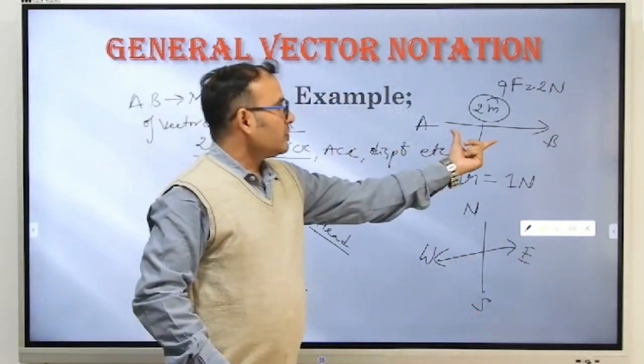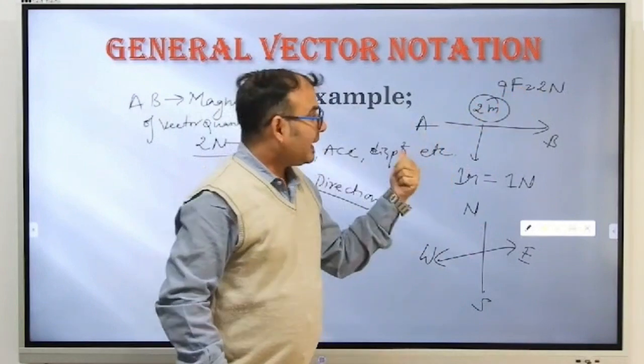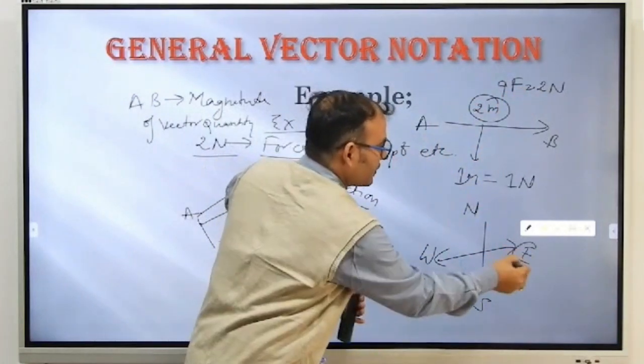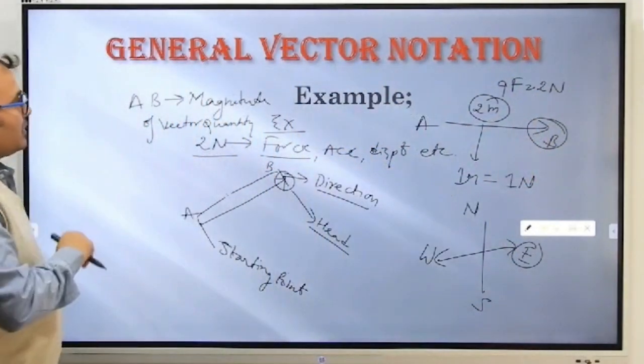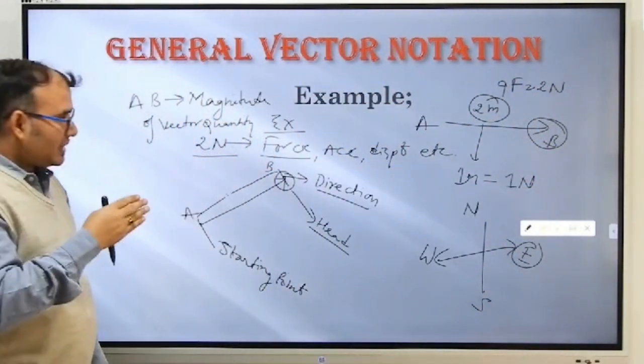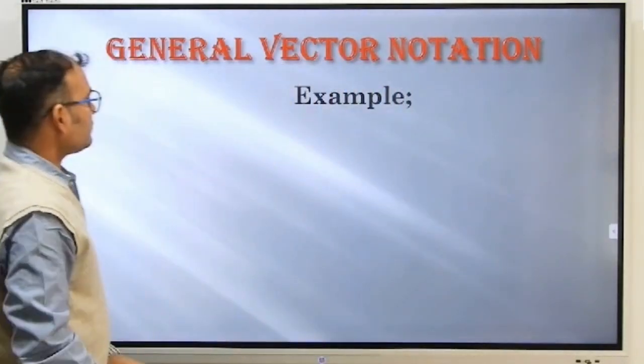Then we will say this is a vector of magnitude 2 Newton acting towards east, because the direction of this vector is along east. This is the representation of any vector quantity.